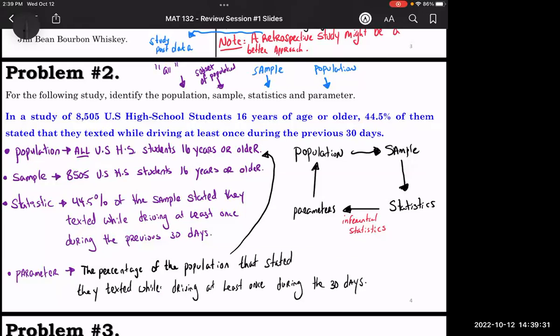The key phrase here is that we begin by just saying the percentage, because again, we don't know what that percentage is. We have to do inferential statistics, which again comes later on in this course.